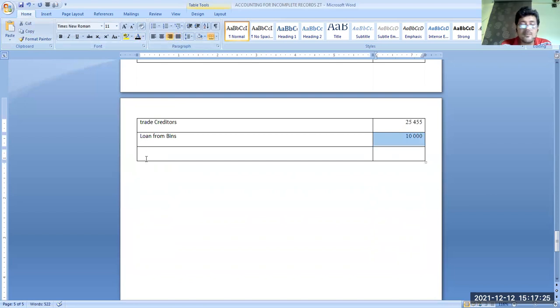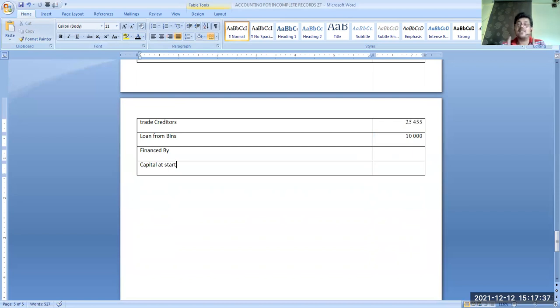Okay. Now, financed by capital at start. Why I have asked you to calculate capital at start, even when you are not asked to do this, is because when you are making the balance sheet, you need capital at start over here.